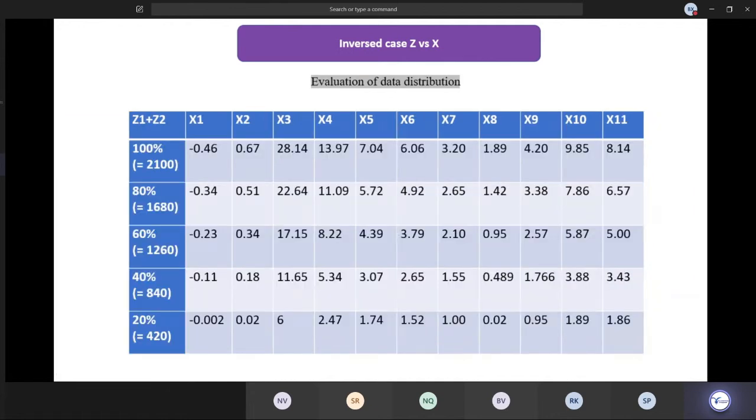The final result we perform is the evaluation of the data distribution. In this section, the value of the output feature, Z1 plus Z2, is varied to understand the associated trace of the input value X. Five values, 100%, 80%, 60%, 40%, and 20%, are used to compare with the maximum value of Z1, Z2.